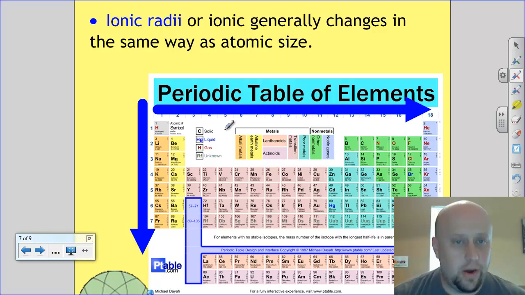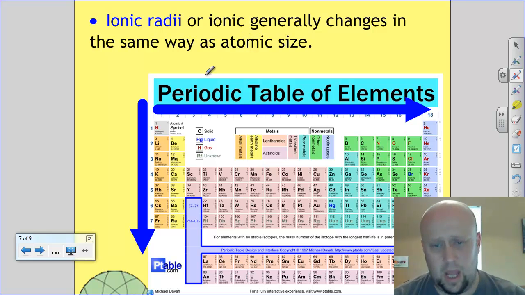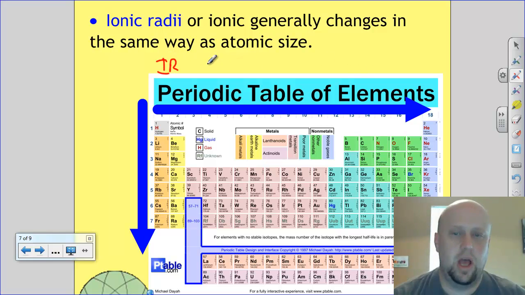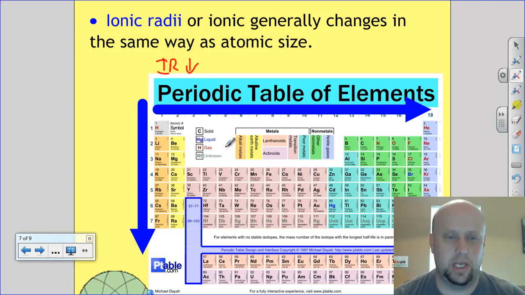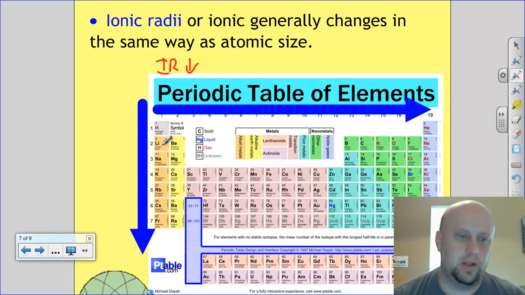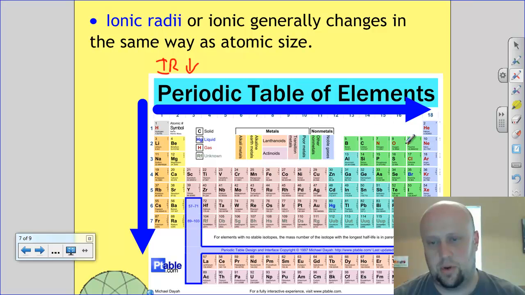Okay, ionic radii, this is pretty much the same thing as atomic size. They always make you learn this differently, and I don't know why, because they basically work in the same way, which is that as you go from left to right on the periodic table, the ionic radius is going to decrease. Okay, they're going to get smaller. You're going to lose, like for your cations, they lose electrons, and so they're going to get smaller.